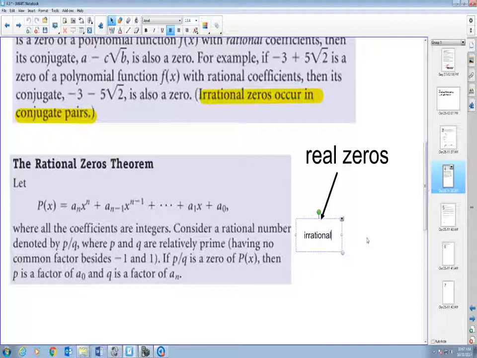Irrational zeros. And we also have something called the rational zeros. Both of these types, okay, will appear on the x-axis. We will actually see it cross or turn, okay, at the x-axis.